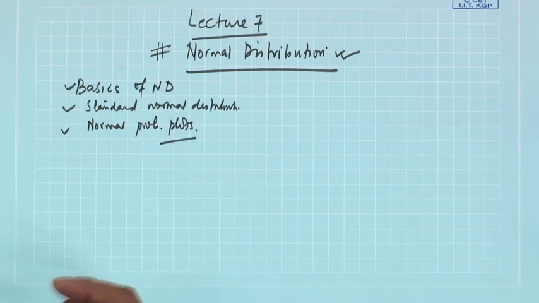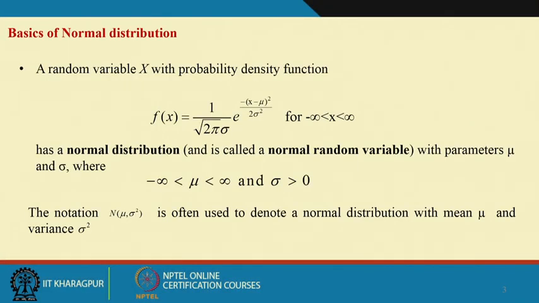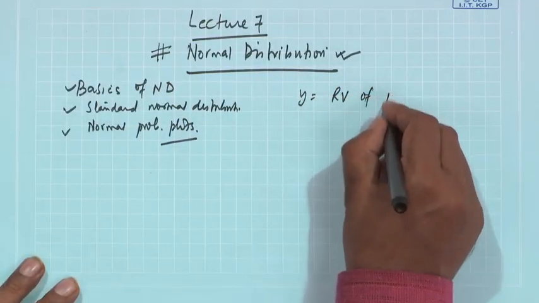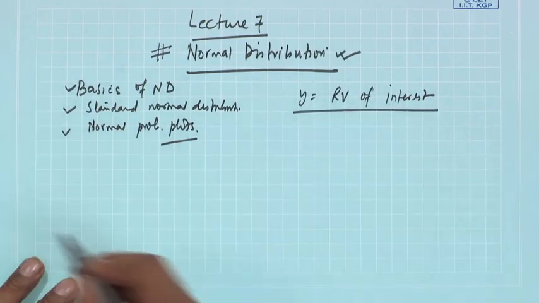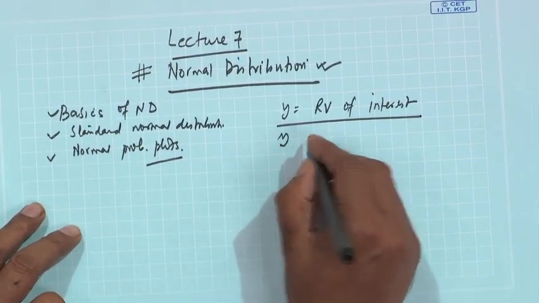Again, for all these lectures, mostly Montgomery and his two books, Design and Analysis of Experiments and Engineering Statistics, we have developed this, and this I will explain. So, let y be the random variable of interest, and let y follow a normal distribution.